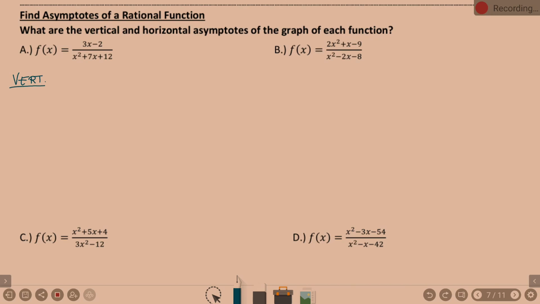How do we find them? We're going to set the denominator equal to 0 to find x equals some number, right? Now, my denominator right now, this is a common denominator for what we're doing here, x squared plus 7x plus 12. Oh, and actually I was going to write denominator equal to 0. So I'm going to set x squared plus 7x plus 12 equal to 0.